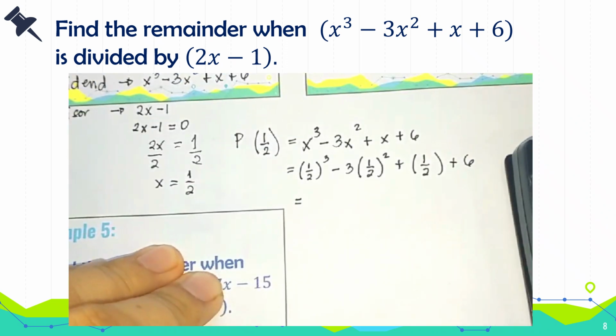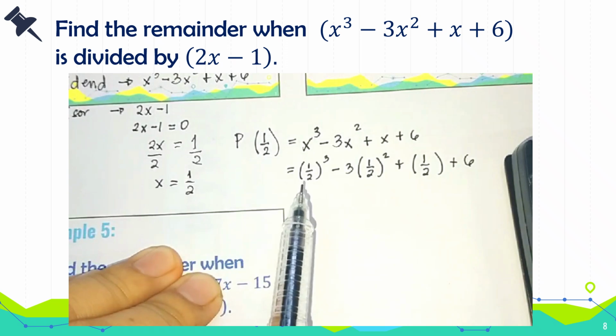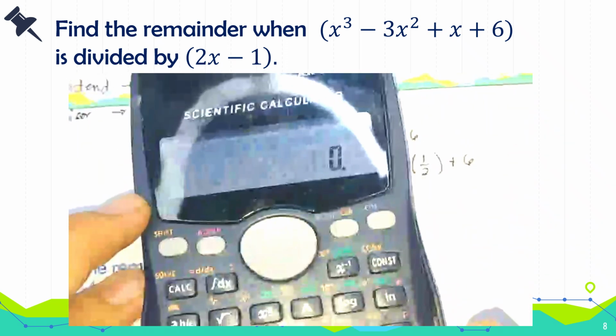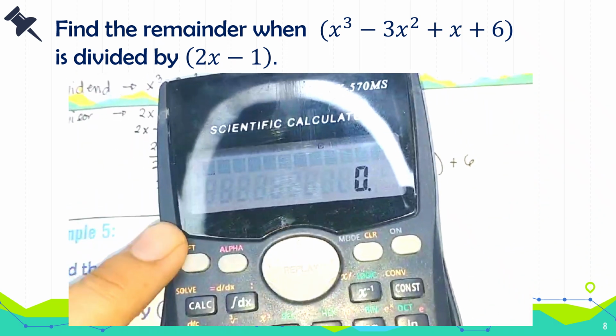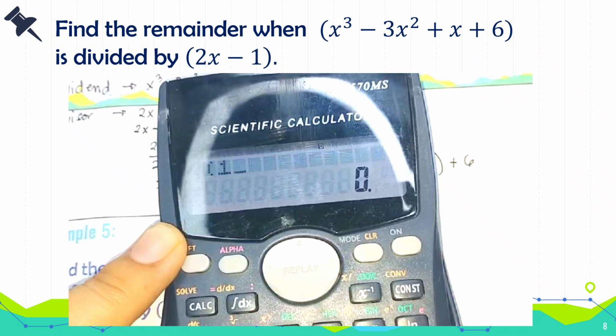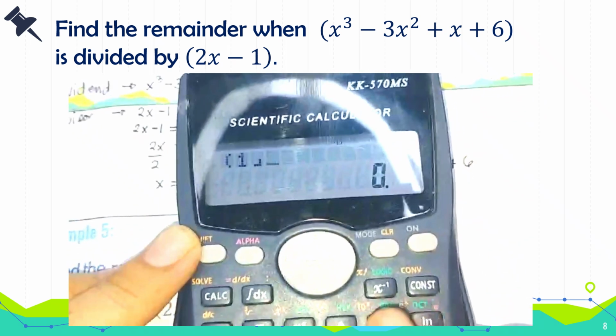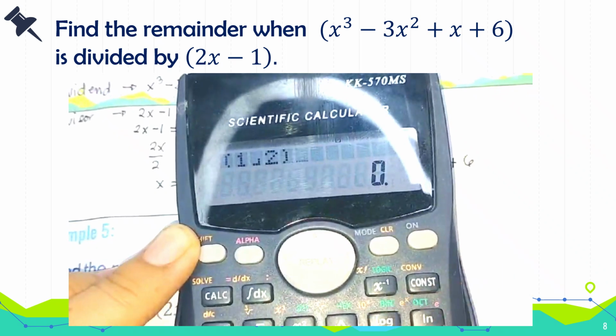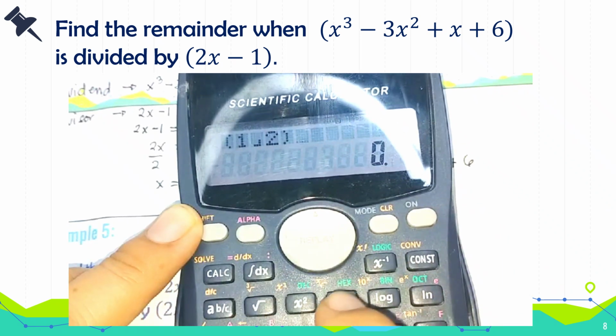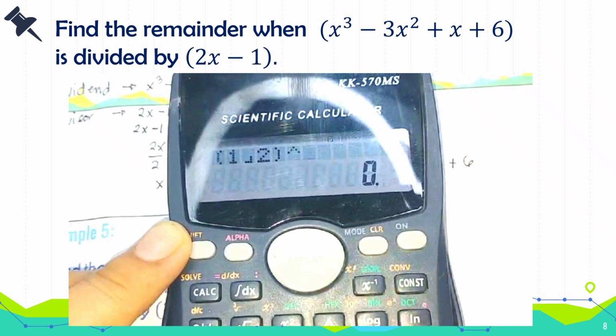Let me show you how to input this on a scientific calculator. So let's have open and close parentheses to make sure. 1 for the fraction, 2, exponent, this key, 3.